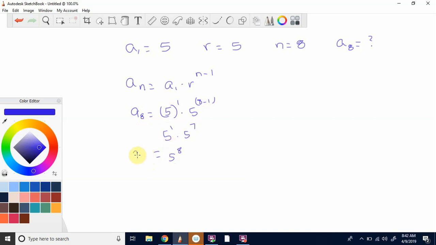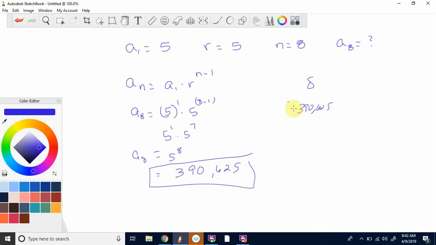Then if we simplify this in our calculator, because I can't do this in my head, it's 390,625. So on the 8th round, that's how many emails they're sending out. So a sub 8 is 390,625. All right, pause the video, do the guided practice, and we'll move on to example 2.